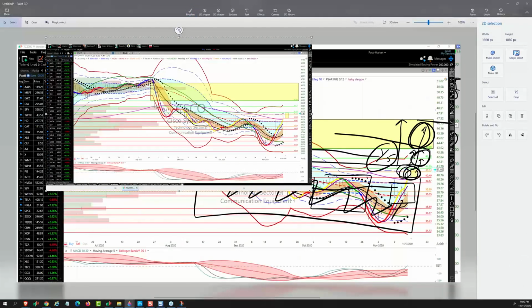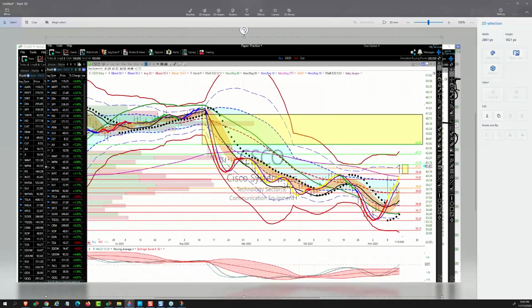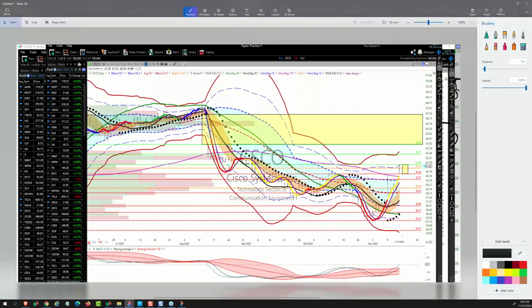Let's take a look at that again on a cleaner sheet. So if this broke out, then I should have a hybrid frog kind of an entry with maybe a 25-cent risk. And then if it broke above this, you're holding $1.40 on a 25-cent risk.